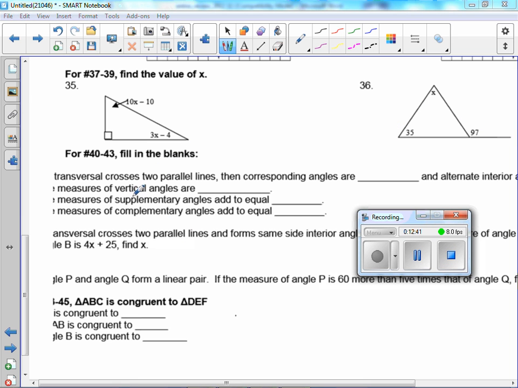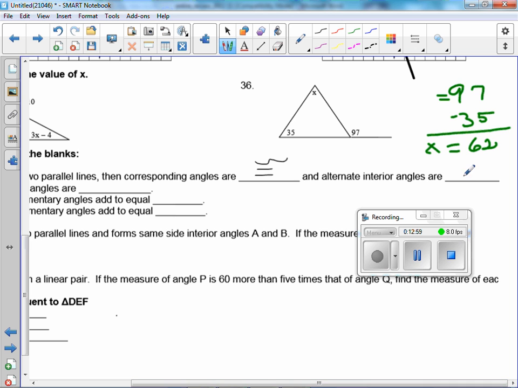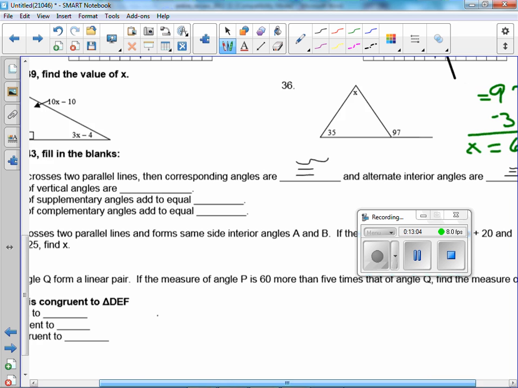Starting at this number, if a transversal crosses two parallel lines, then corresponding angles are congruent, so congruent goes in this blank. And alternate interior angles are congruent. Congruent goes in both blanks.